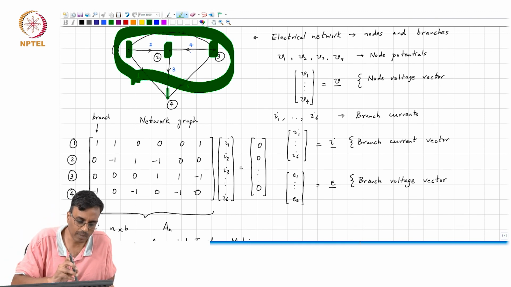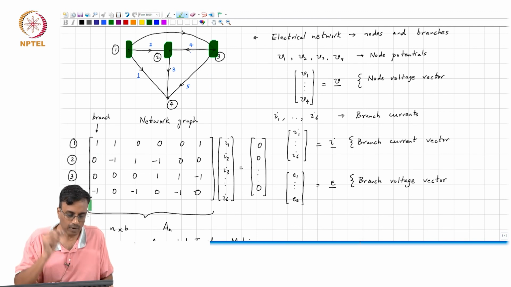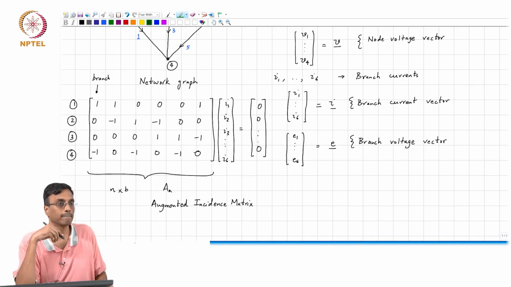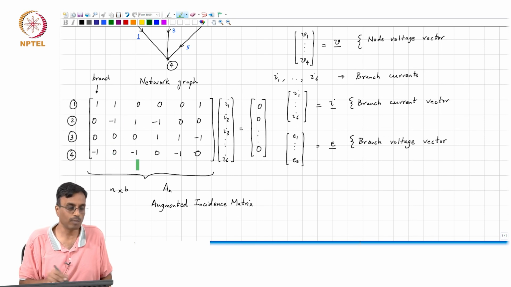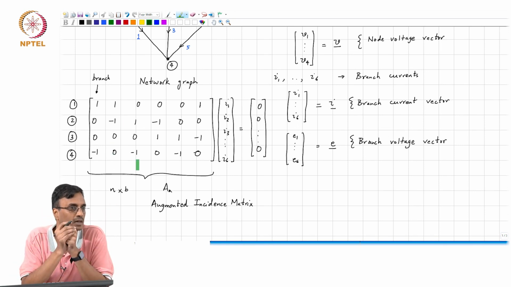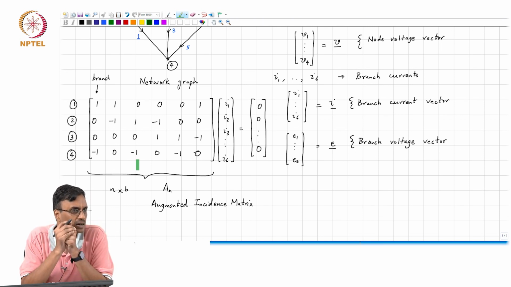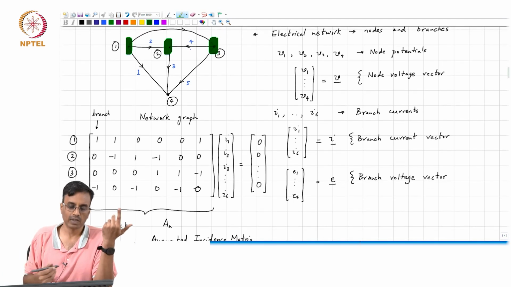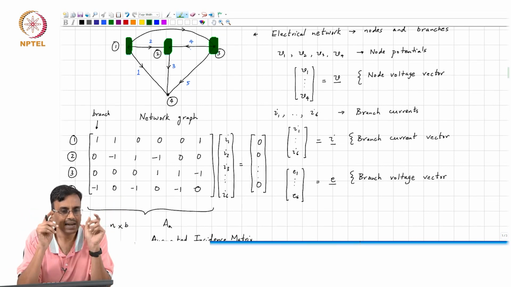And that is also reflected in the matrix, and if you observe carefully, what comment can you make about the sum of these rows? Basically you can see that if you add all the rows up, the sum of all the rows turns out to be 0, which is telling you that the rows are not independent. This agrees well with our notion that if you have a network with n nodes, you do not really need to find the potential of all the nodes.